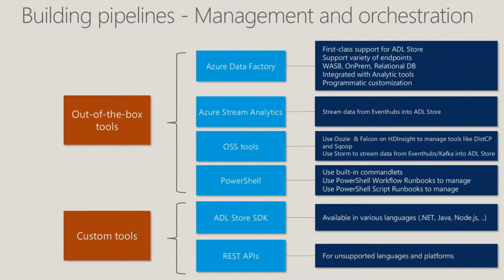So for those who are, again, from the Hadoop world, Apache Storm, you can run against Kafka or any other message broker and get data into Data Lake Store. You can also use PowerShell. PowerShell is, again, the scripting front end to the store, but you can also create workflows out of it. And finally, again, if you want to build your own custom tools, we have the capability to do that.